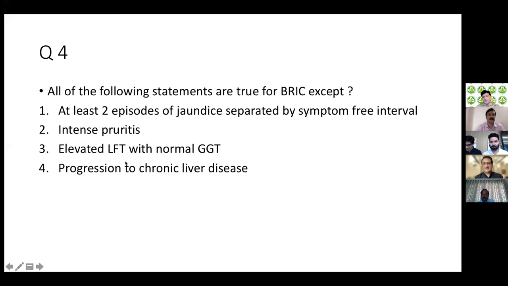So most of the people would feel that it doesn't progress to chronic liver disease, but as pointed out by Professor Setu Babu, there are case reports where it has worsened, even in BRIC patients. But in general, the perception is that this is benign and doesn't really progress to chronic liver disease.